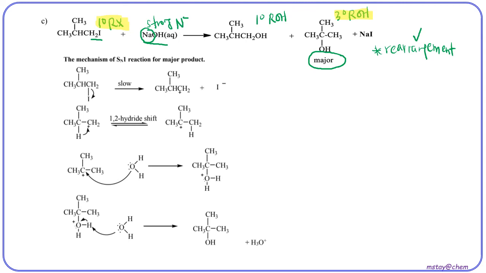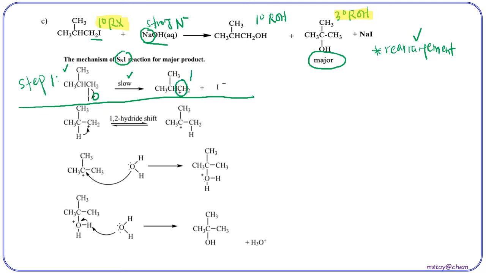So as usual, step 1, the bond between carbon and iodine, which is the halogen, will break down heterolytically. Slow step, where Sn1 will involve one reactant in step 1, which will produce the carbocation.